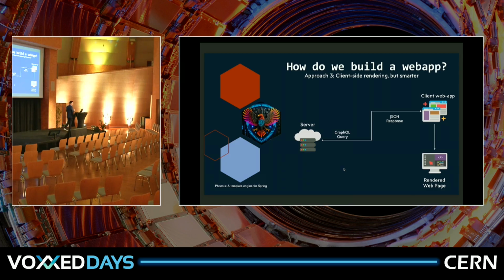So the third approach was still client-side rendering, but a bit smarter. With GraphQL, the client application was sending a GraphQL query, and it told the backend, okay, I only need this information, not the entire object. I only need these 3 fields, or I need the object in this particular way.